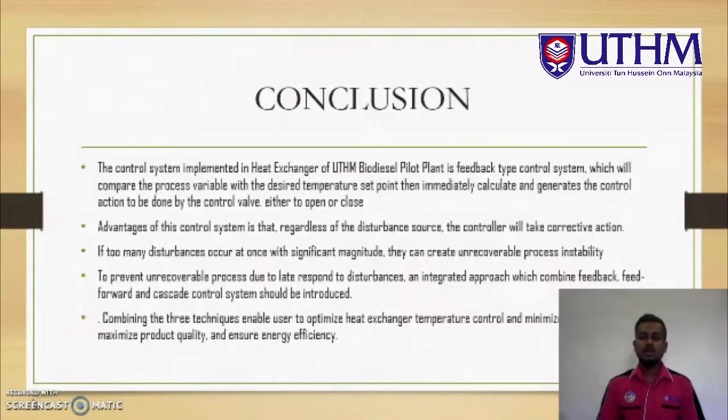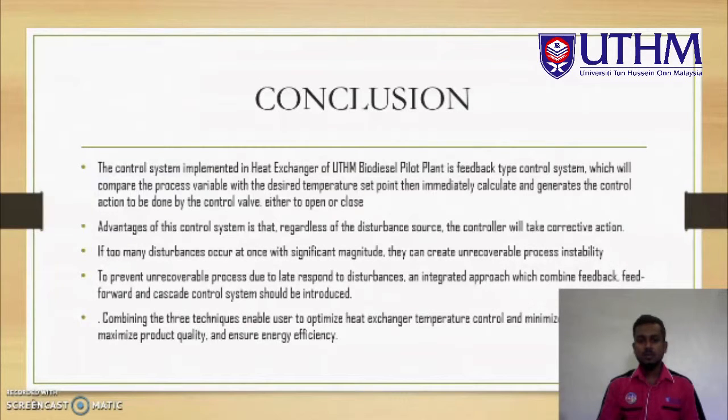Then it immediately calculates and generates the control action to be done by the control valve, either to open or close. Regardless of the disturbance source, the controller will take corrective action, which is the advantage of this control system.